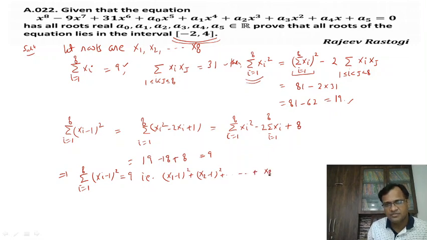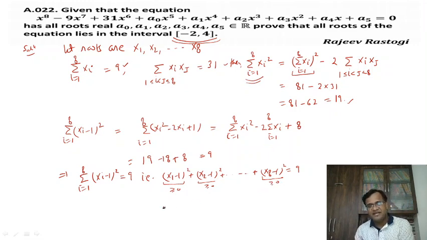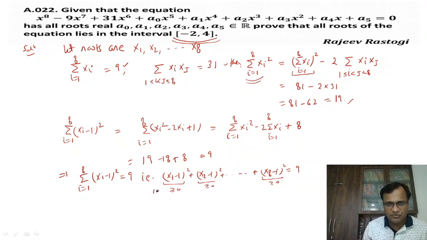The last term of this summation is (x8 minus 1) whole squared, and the sum is 9. Here each individual term is greater than or equal to 0. Then you can notice that the sum of these 8 terms is 9.